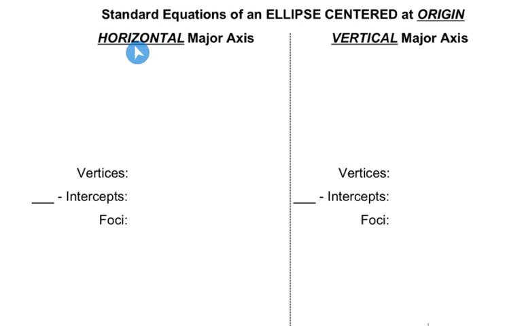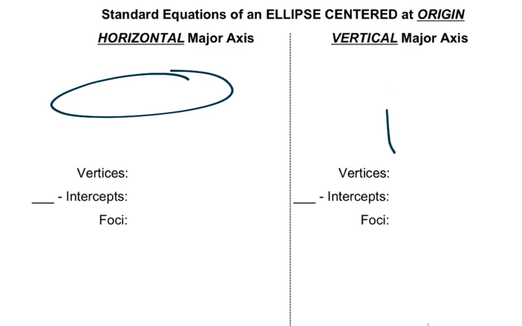So that's the orientation, horizontal or vertical, just like when we were dealing with parabolas. Now, circles didn't have an orientation because they're the same length and width, it's just a circle. But ellipses are going to be longer either horizontally or vertically, maybe not that noticeable, but there will be that difference.